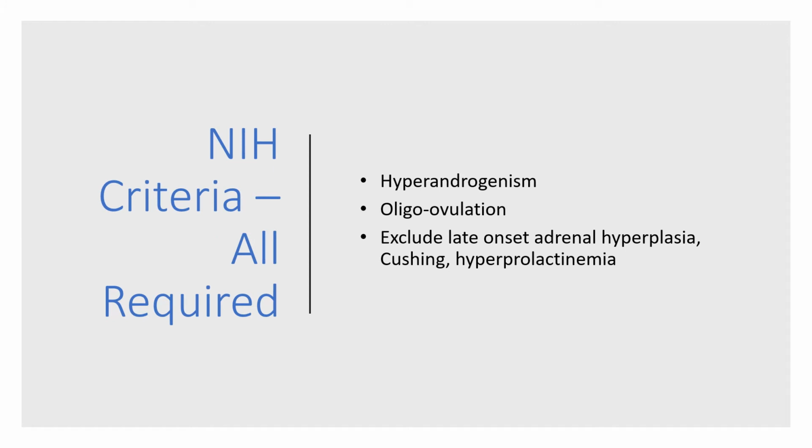For the NIH criteria, all of these are required. Again, hyperandrogenism, oligovulation, but you need to exclude adrenal hyperplasia of late onset, Cushing, and hyperprolactinemia. So the last of the criteria are really lab tests.